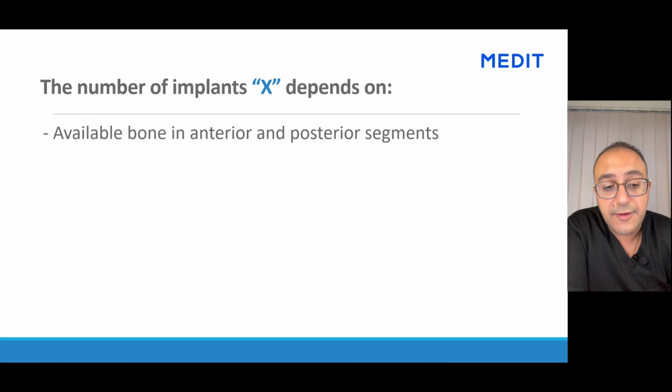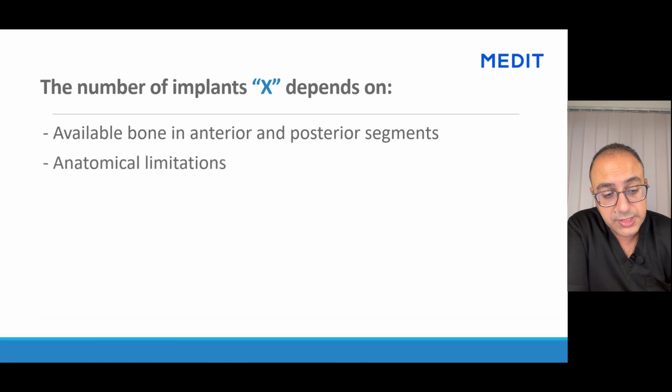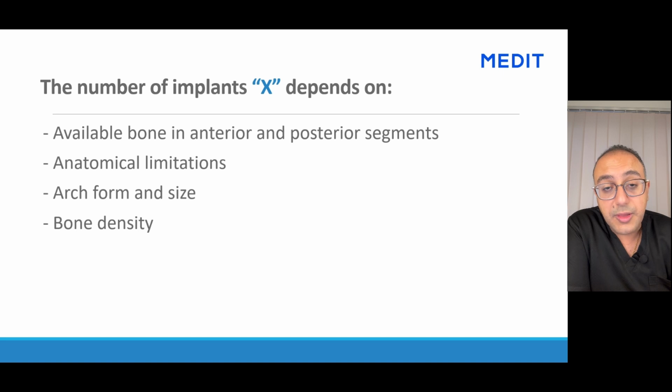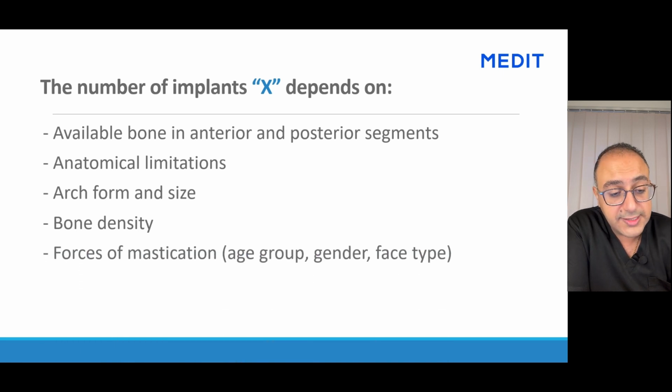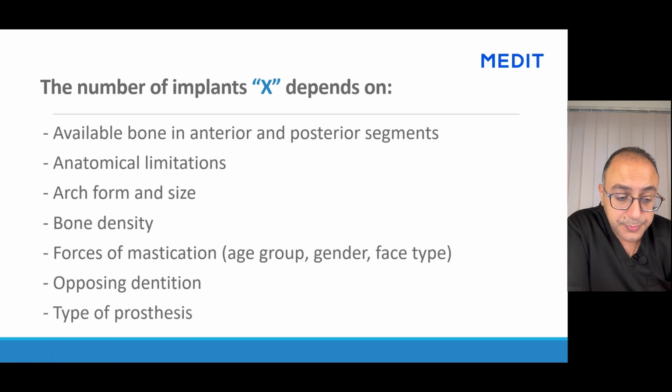It depends on the available bone in anterior and posterior segments, the anatomical limitations, which means the nerve in the mandible, the inferior alveolar nerve, and sometimes the nasal cavity and the maxillary sinus in the maxilla, the arch form and size, the bone density, is it of high or low density, the forces of mastication, which depends on the patient's age, sometimes the gender and the face type, and also the opposing dentition and how heavy is the occlusion.